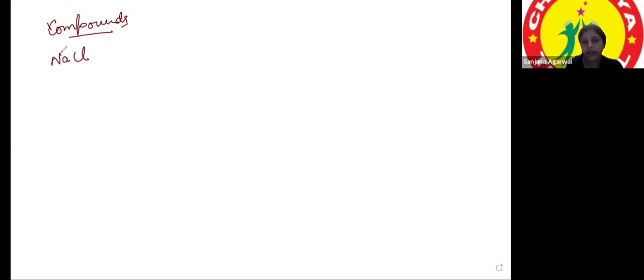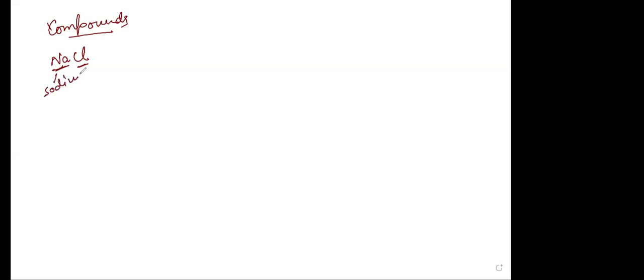See, every symbol of an element starts with a capital letter. So if I've written Na, N is capital, so Na is the symbol for a single element, and Cl is another single element. Two elements are used here. How many atoms of Na and Cl are used? One atom of Na and one atom of chlorine.